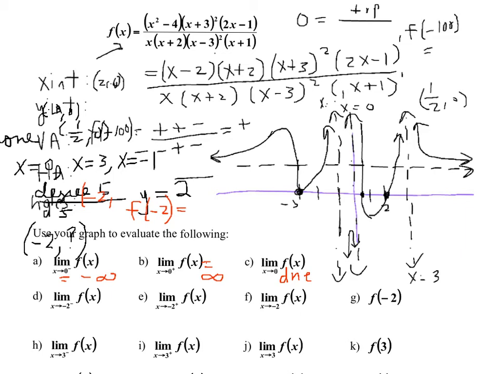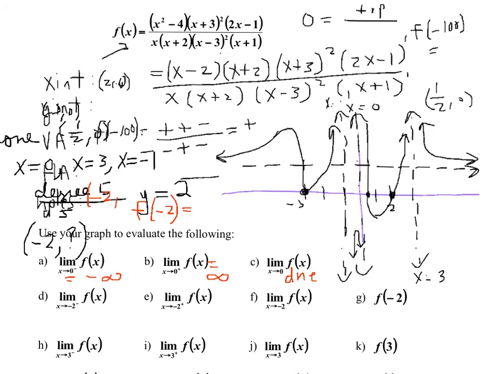I can put it into this first thing, and it would be -4 times, can't put it into the next one because that gives 0, but I can put it in here. -2 plus 3 squared is going to be just 1. -2 in there would be -4 minus 1 is -5, all over. And I put it in here, I get -2.